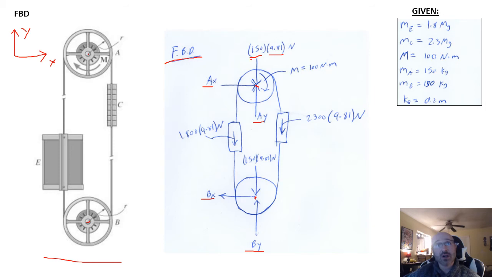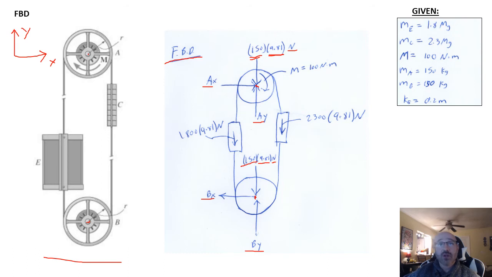In this case at point A, we have our mass of 150 kilograms times 9.81 meters per second squared, which gives us newtons for our weight force at point A. We've got a weight force at point B as well, which is our mass of 150 kilograms times acceleration due to gravity of 9.81 meters per second squared, in units of newtons. This is our weight force for point B.